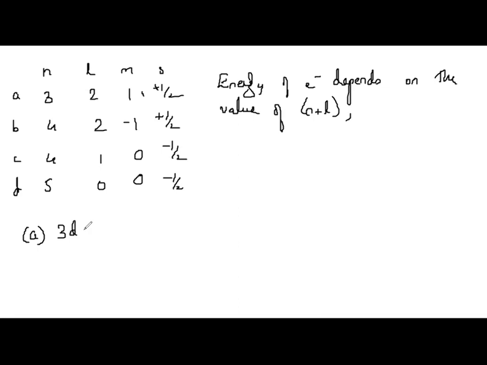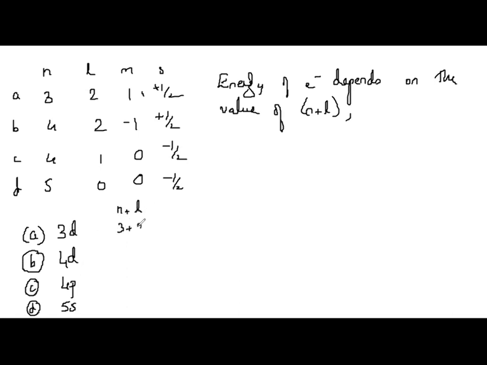Correct? Okay. B option. Fourth shell, l is equal to 2 means it is d. Third option, fourth shell, l is equal to 1 means p. And last option, fifth shell, l is equal to 0 means it is s. So let me calculate the n plus l value for all of them.